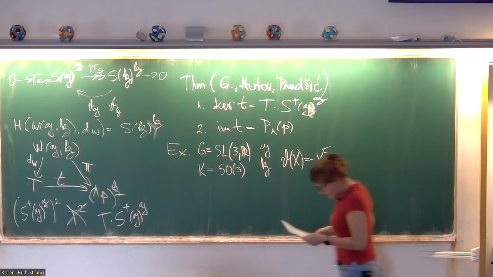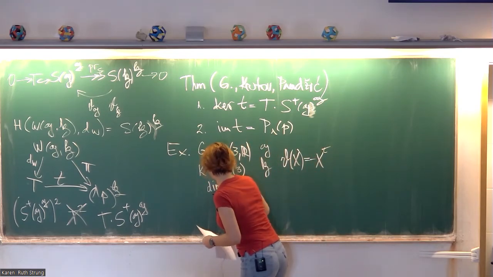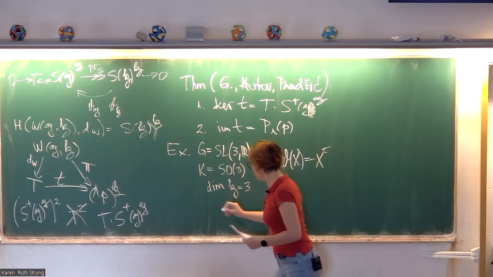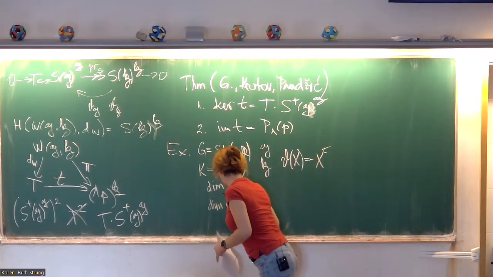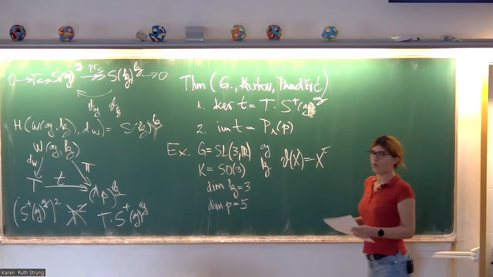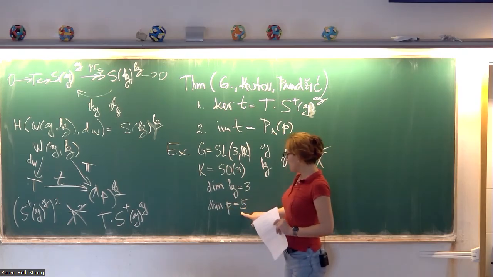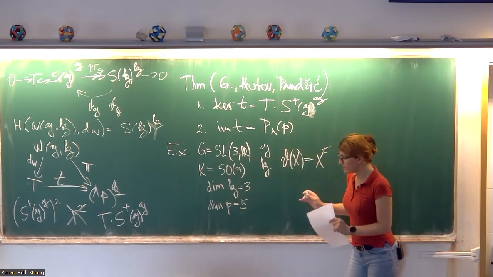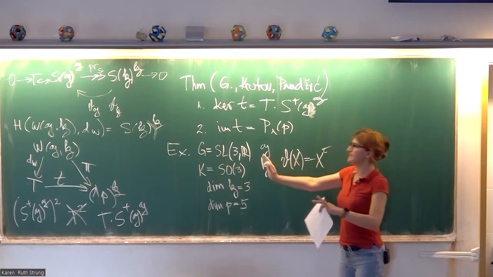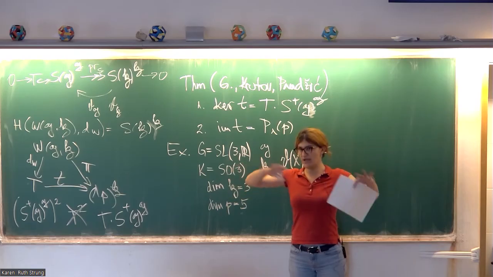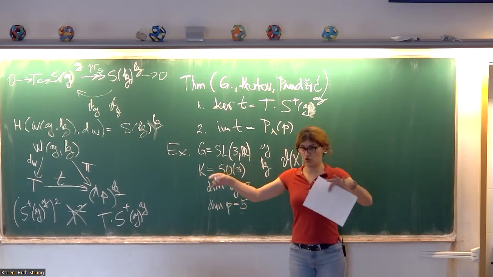And in this setting, the dimension of K is 3, and the dimension of P is 5. Here it's important to notice that the dimension of P is odd, and some of the proofs in this whole theory are separated into cases when this dimension is even or odd.